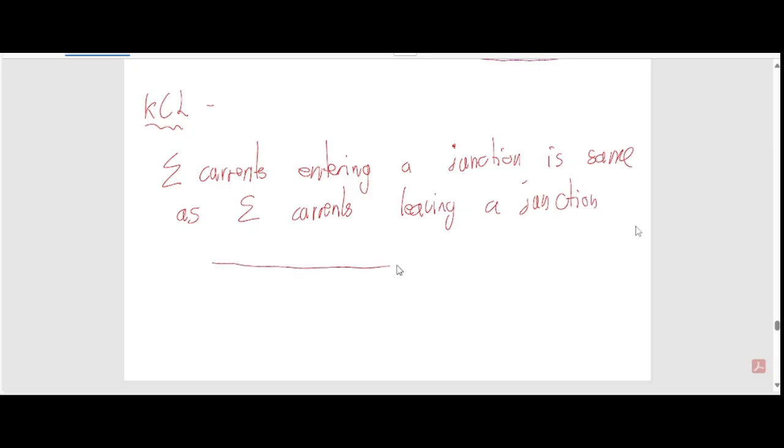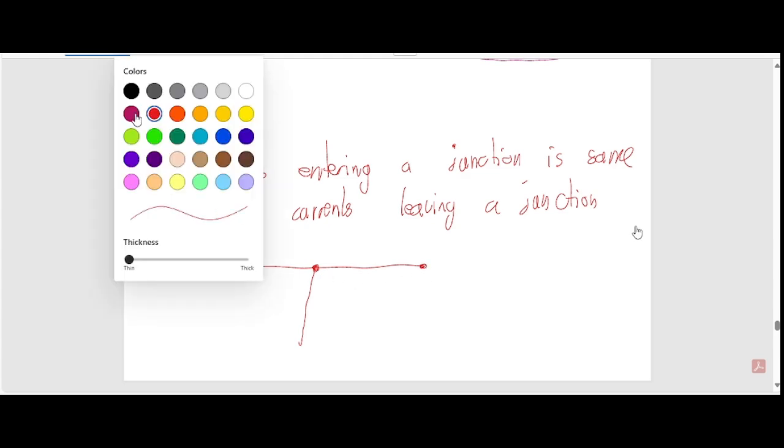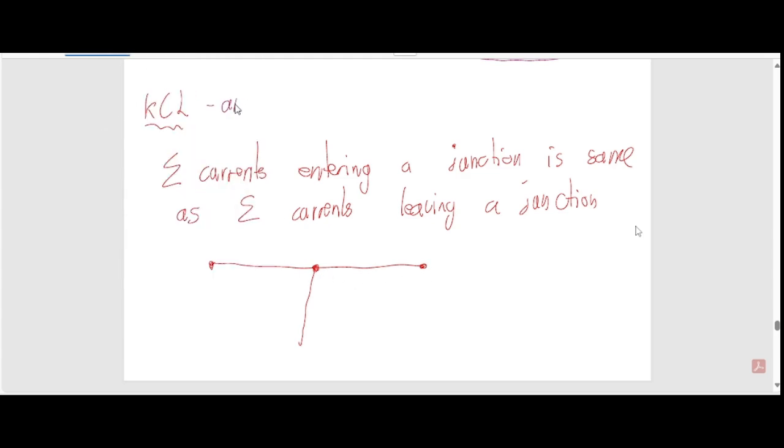So this is our junction. It's like a junction on a road in a car; it's the same thing on a circuit. All you're looking for in KCL is the arrow directions. So this arrow going here, here, here. This is the junction here.